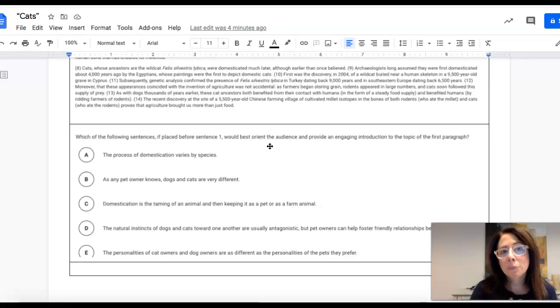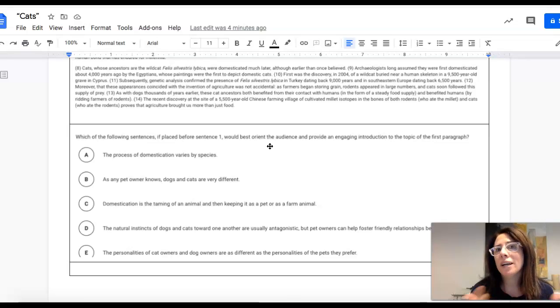If I was putting this into my own words, I would say, look, I'm trying to find the sentence that should be the very first sentence of this essay or this passage, like what would make a better first sentence. And as a first sentence, I'm looking for it to do 2 things: to introduce the audience to this whole topic, and then to be engaging.